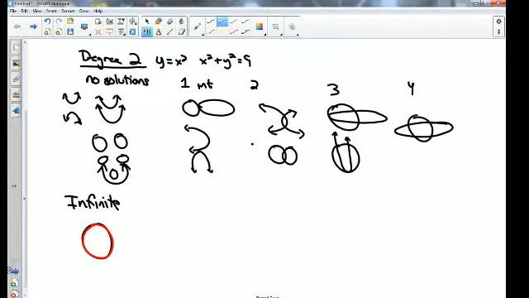That's what we have in front of us. Here is a system of second-degree equations.